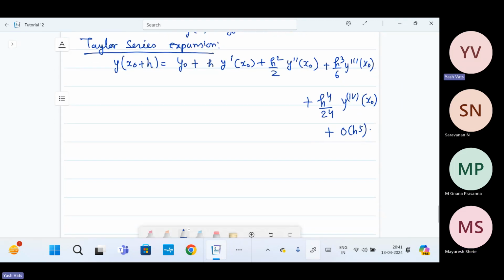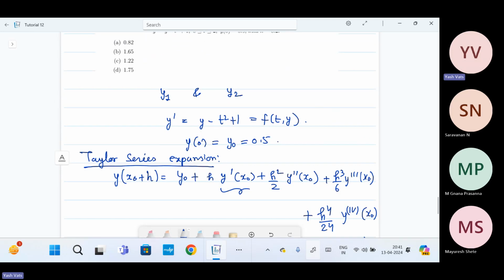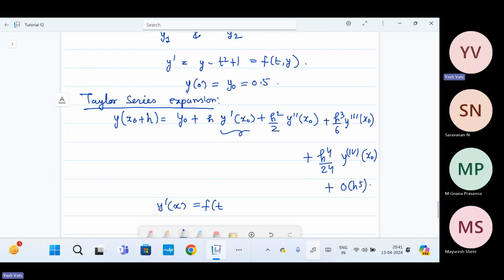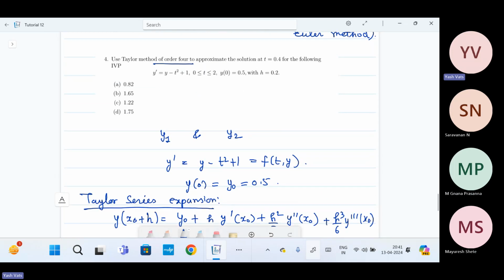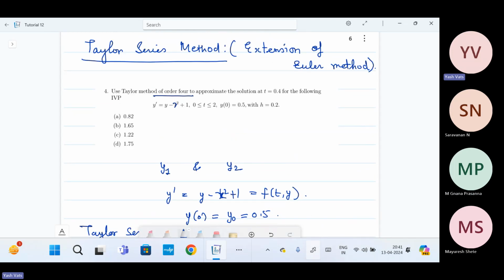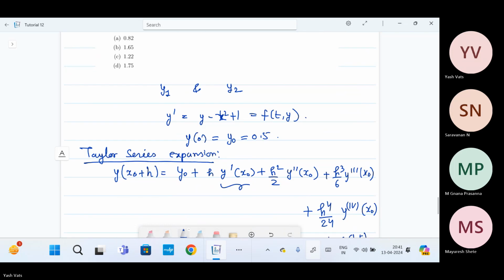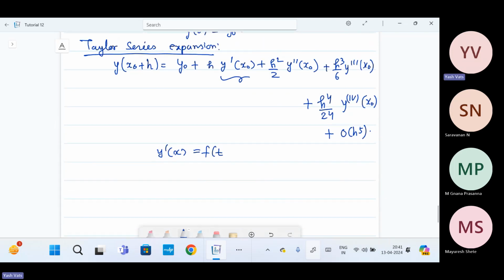Here I am taking x naught, not t naught, so I just take x. So y prime of x is given by f(x,y). That is already given to us.